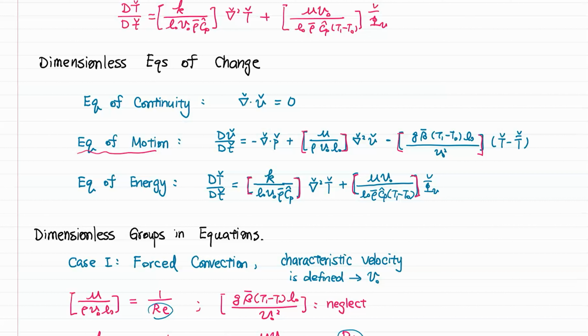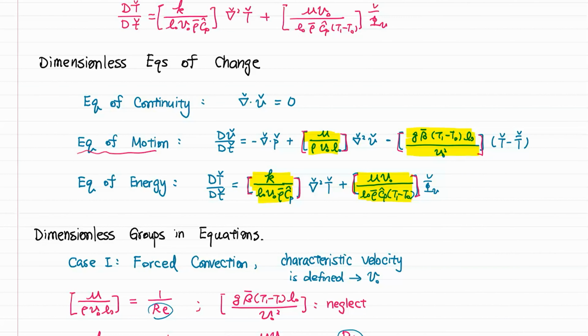If we can determine the dimensionless groups in the brackets, then we can compare which terms are dominant and which terms are negligible, and that makes our analysis much easier without introducing much error. That's the most important part here.